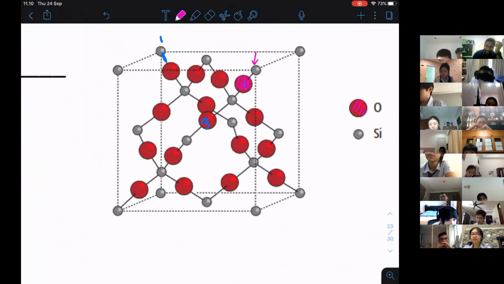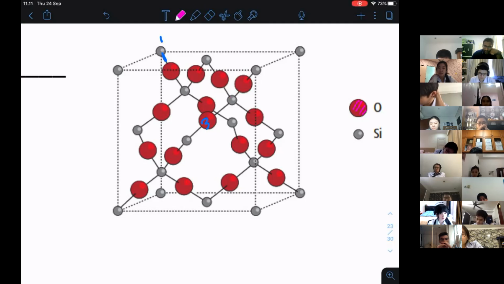So you have 1 and you have 2. But if you look at each Si, for example, how many oxygen is it bonded with? So this is Si. So you have 1, 2, 3, and then 4.